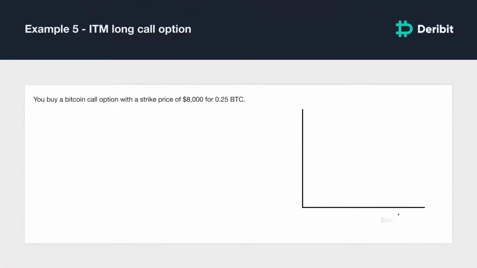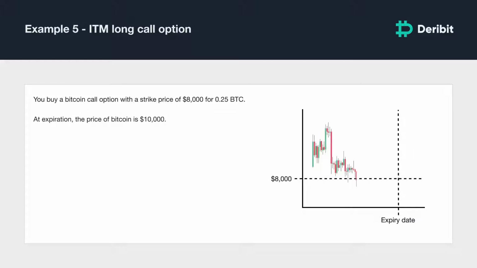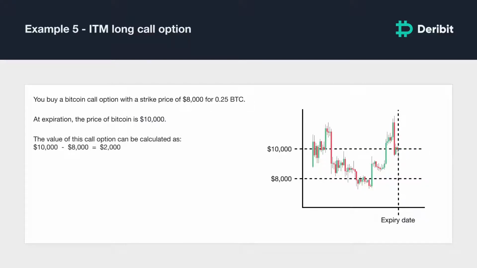You buy a Bitcoin call option with a strike price of $8,000 and you pay a price of 0.25 BTC. You hold this option until it expires. At expiration, the price of Bitcoin is $10,000. The value of this call option can be calculated as $10,000 minus $8,000, which works out to $2,000.